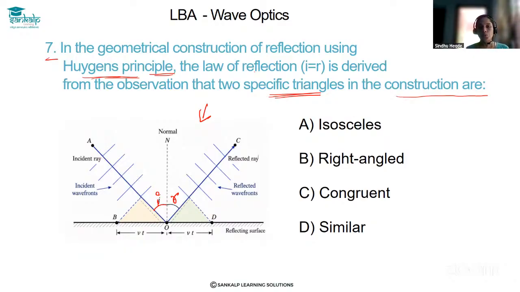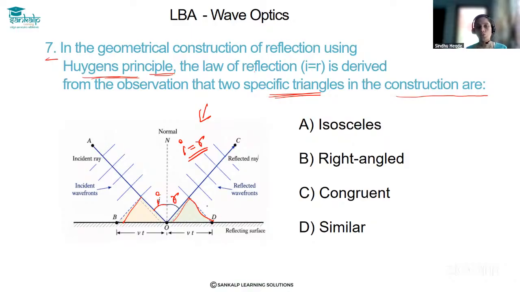We can observe one thing here. When i is equal to r, two triangles are formed. This is one triangle and this is another triangle. We have to find out which property matches here. Option A tells about isosceles.